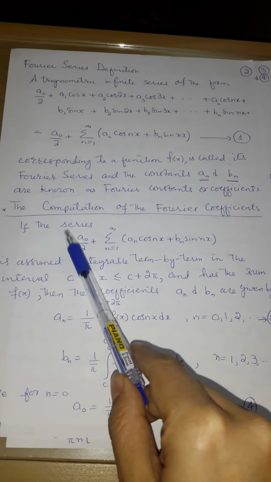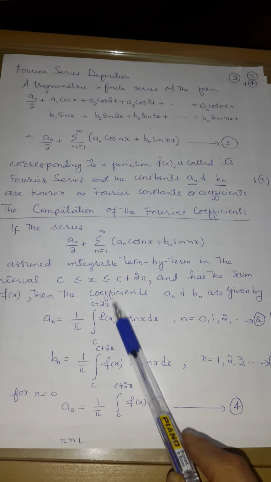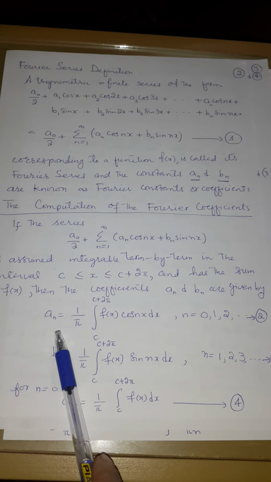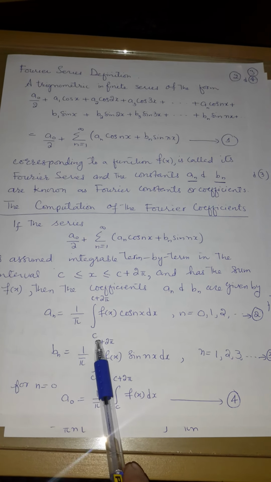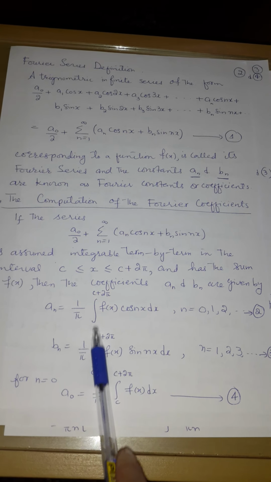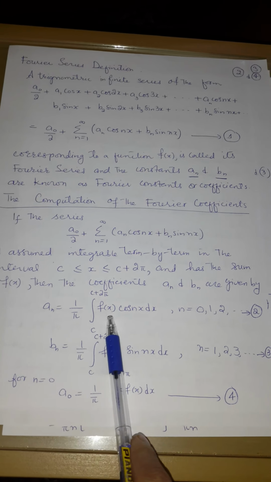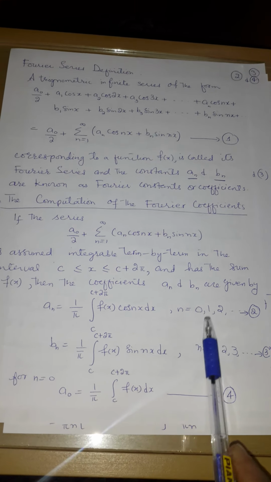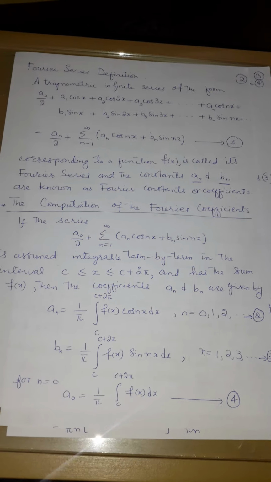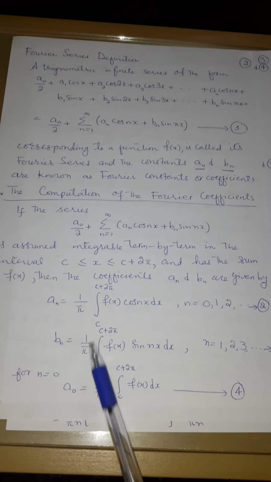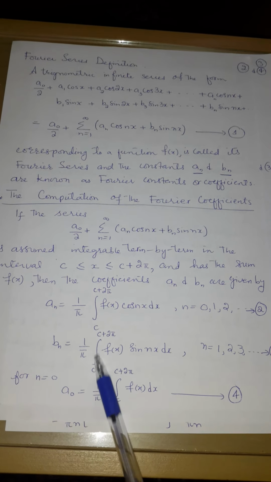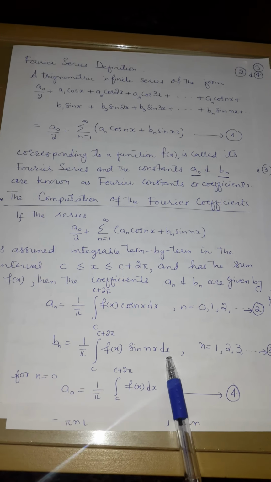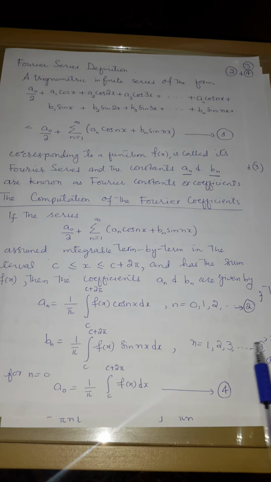If this whole sum is equal to f of x, then the coefficients an and bn are given by an equal to 1 over pi integral from c to c plus 2 pi of f of x cos nx with respect to x, where n is from 0 to infinity, and bn equal to 1 over pi integral from c to c plus 2 pi of f of x sin nx dx, and n is from 1 to infinity.